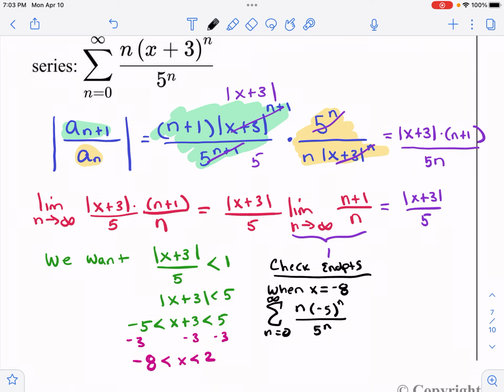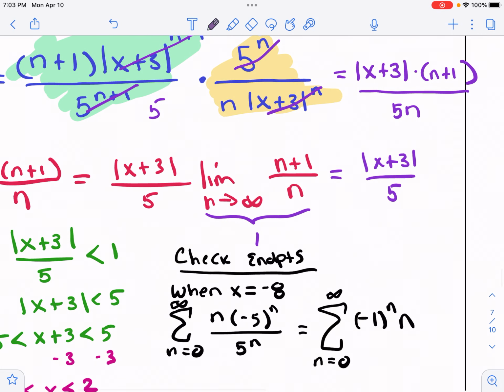Now this can be rewritten if you'd like as -1 to the n times n. As a little aside, I'll explain why. Remember, -5 to the n is the same as -1 to the n times 5 to the n. But that means the 5 to the n's cancel down below.